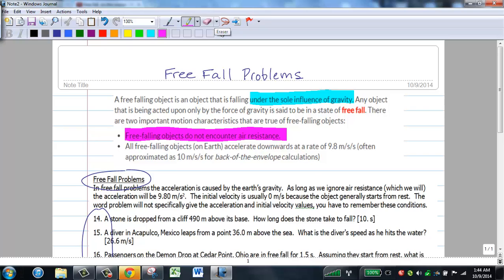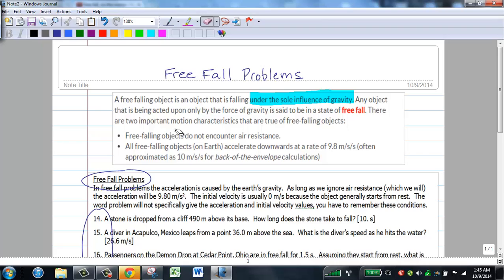And free fall is a little bit like that because objects do encounter air resistance as they fall, unless they fall in a vacuum. So you could remove the air, in which case you would have a real life free fall situation. Most of the time we consider that an object is in free fall because gravity is such a large force in comparison to the air resistance that most objects feel when they fall, so the force of air resistance can often be ignored.